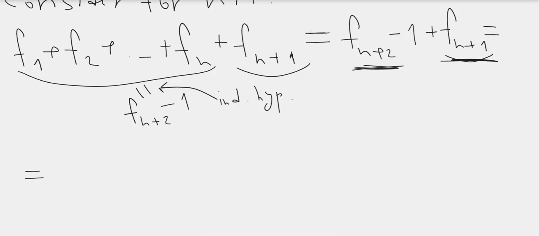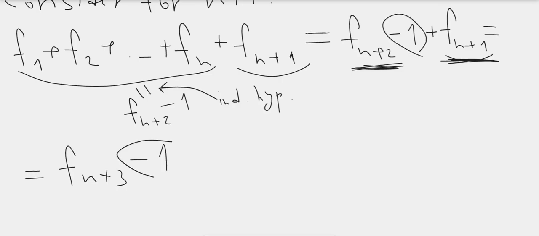So f_{n+2} plus f_{n+1} is equal to f_{n+3}, minus 1. So minus 1 remains as it is, and this is the sum of these two numbers. And this is actually exactly what we needed to prove.